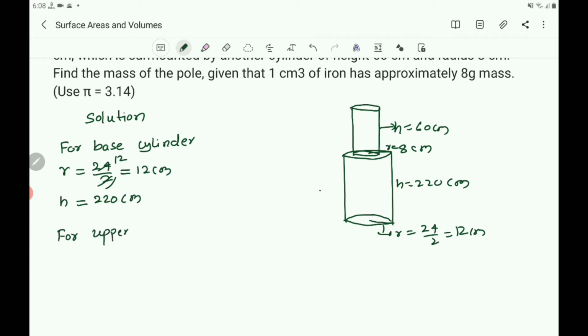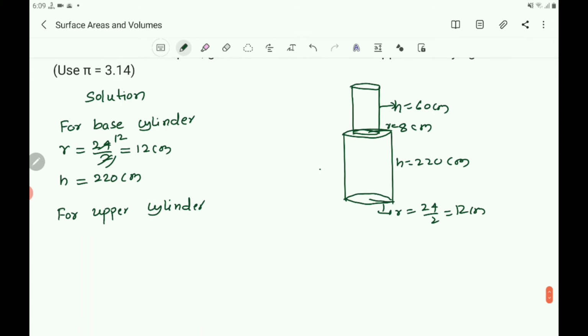Then for the upper cylinder, what is R? R is equal to 8 cm and H is equal to 60 cm. Here, as the radius and heights are different, let us take these two as R1, H1 and these two as R2, H2.